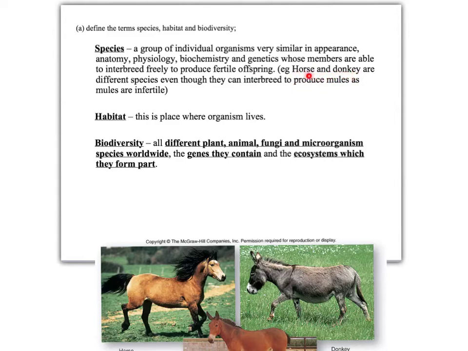We can define these as coming from different species, even though they can interbreed, because the products of them interbreeding are mules, and mules can't interbreed and are therefore infertile. So that's the business about being able to produce a viable or fertile offspring, which would mean that horse and donkey are of separate species.